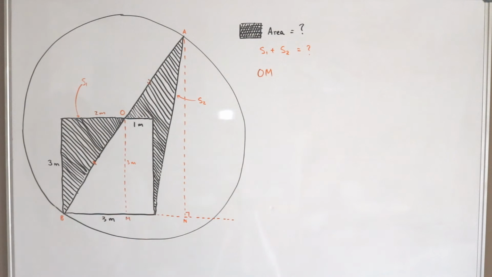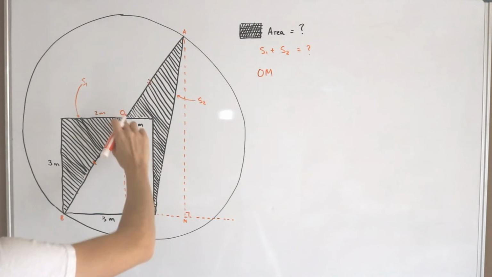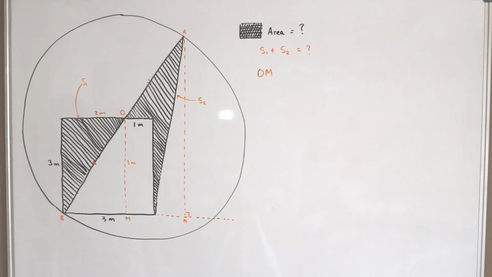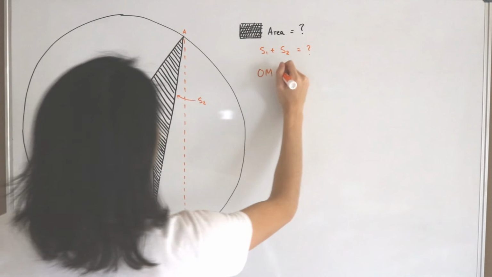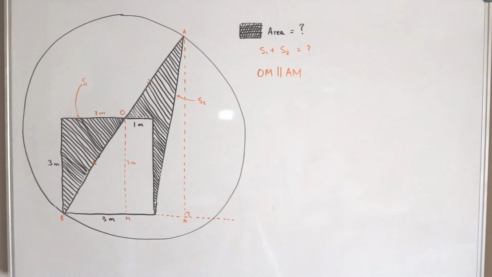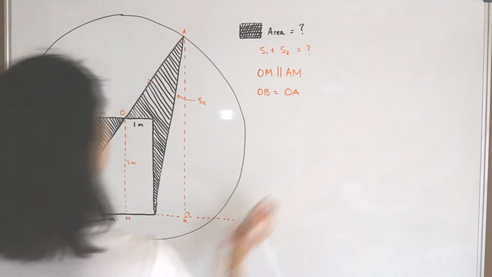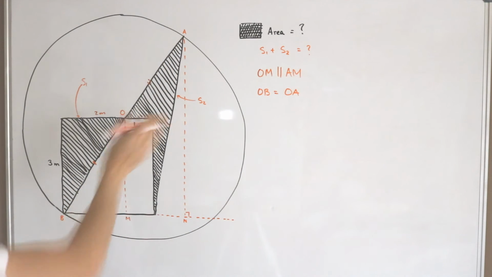So OM is parallel to AN, and OB equals OA because they're just radii.